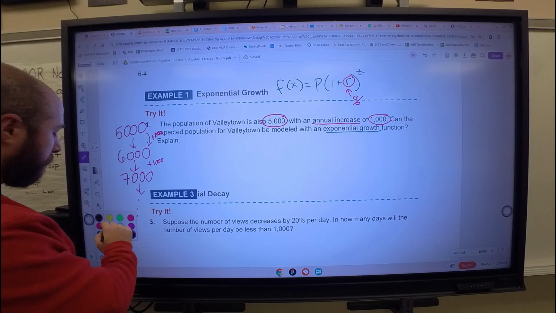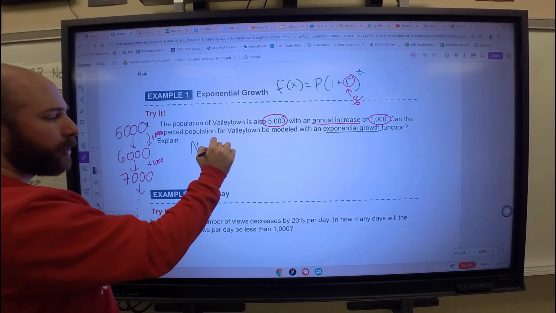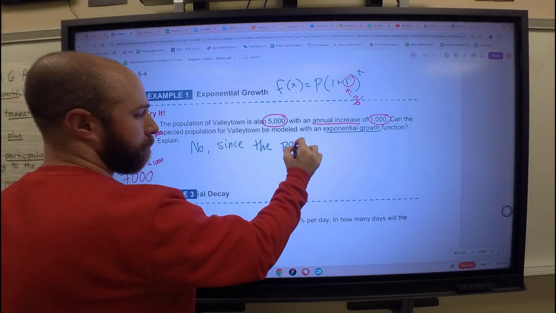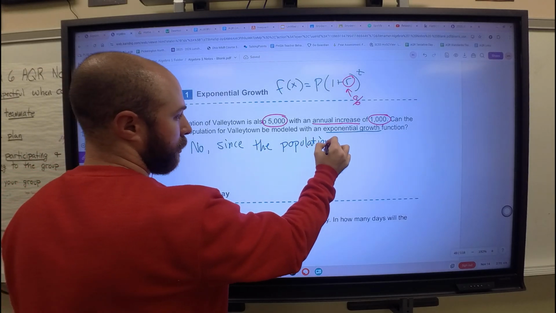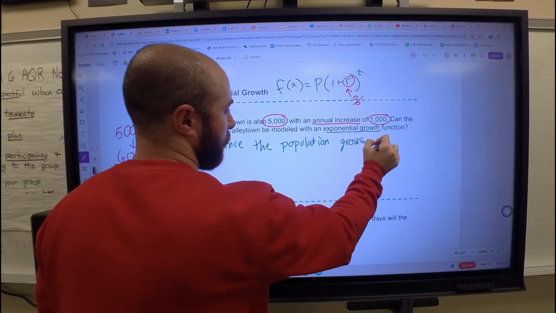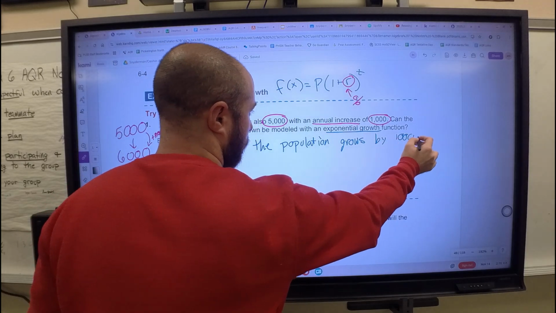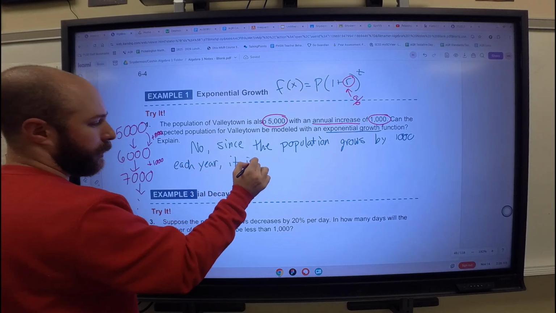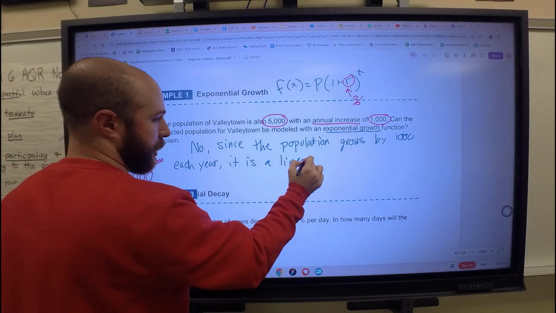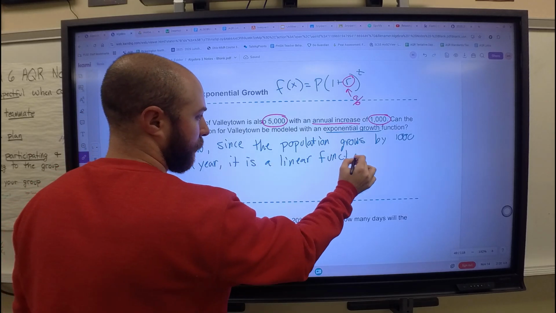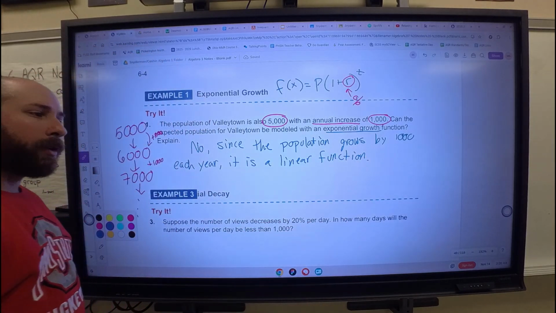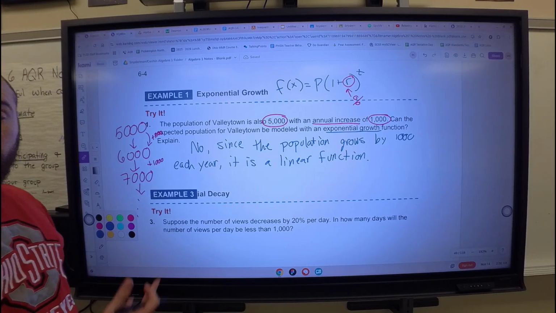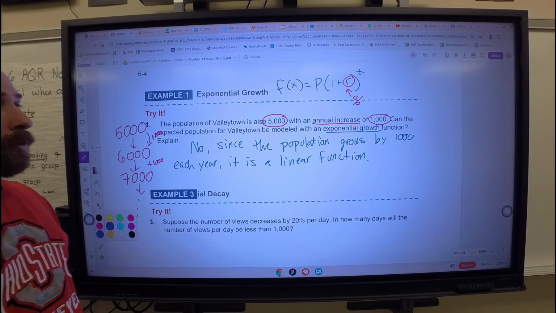So what we can write here is we can say no, since the population grows by 1,000 each year, it is a linear function. Right? There is no percent increase. So yeah, we don't have an exponential growth. Okay?